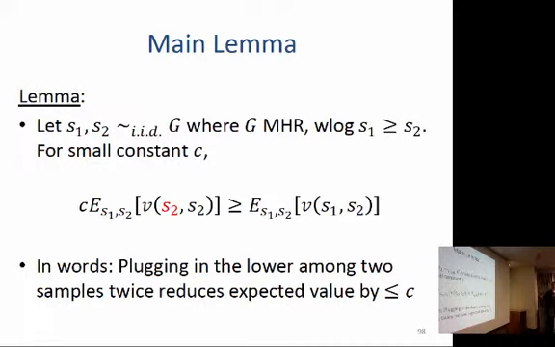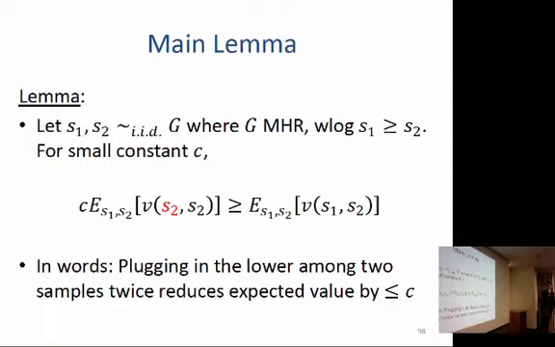The right-hand side is just the expectation of the value. What I want to claim in this lemma is that plugging in the smaller one twice doesn't ruin things too much. I still get something comparable to the expectation. It's similar to a small gap between expectation and second highest, but we have this extra value function.